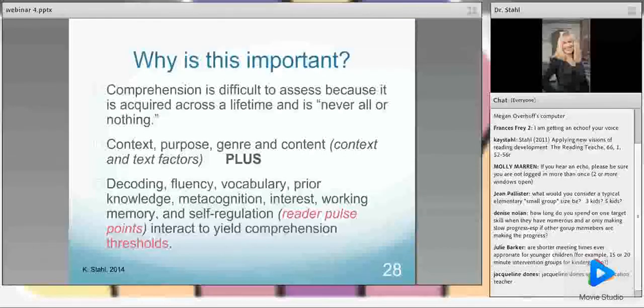So the ELA test that your children will be taking is based on this kind of theoretical construct.